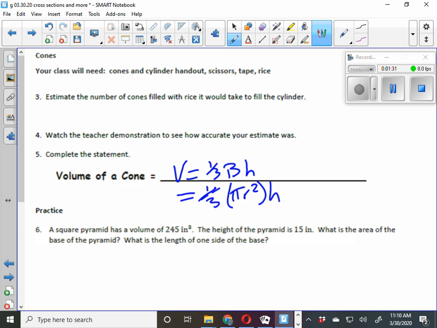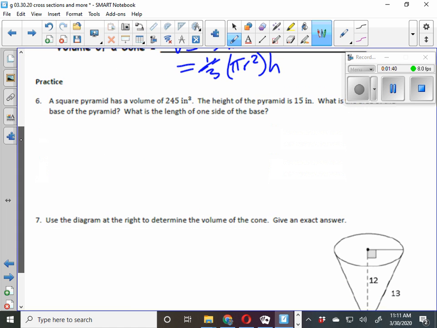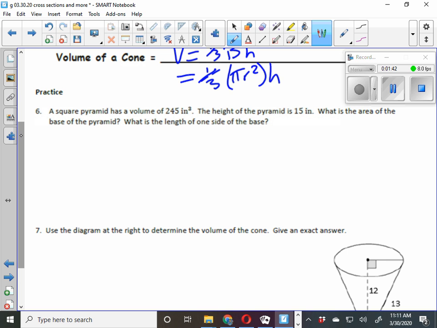Number 6 says that a square pyramid has a volume of 245 inches cubed. The height of the pyramid is 15. What is the area of the base? Now, don't get crazy on us. You know the formula.